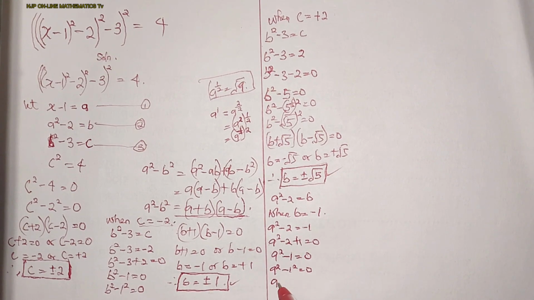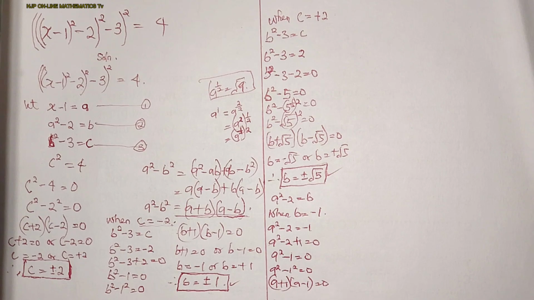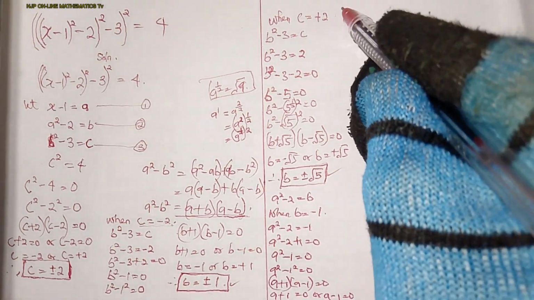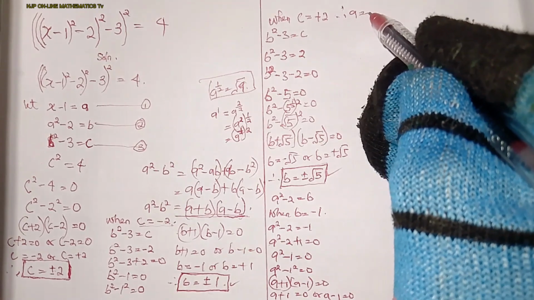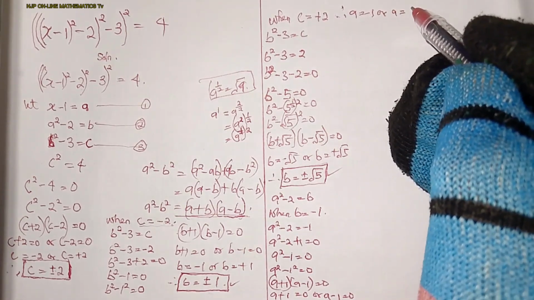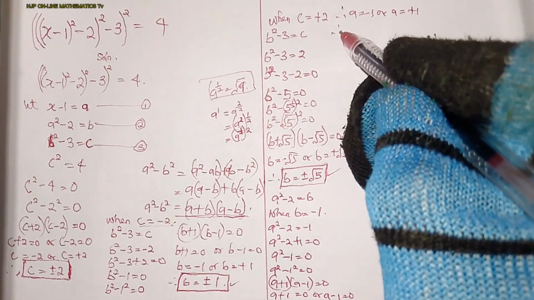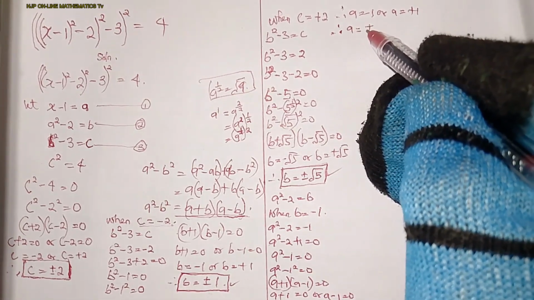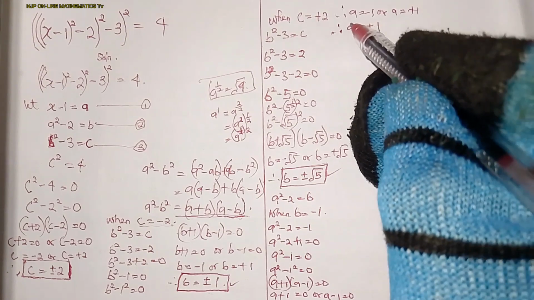So we are having a plus 1 multiplying a minus 1 equals 0, and a plus 1 equals 0, or a minus 1 equals 0. Therefore, we can now see that a equals negative 1 or a equals positive 1. Therefore, our values of a equals positive or negative 1.